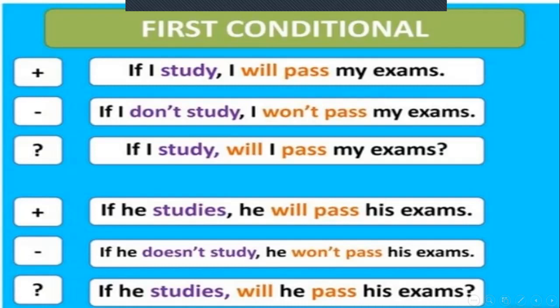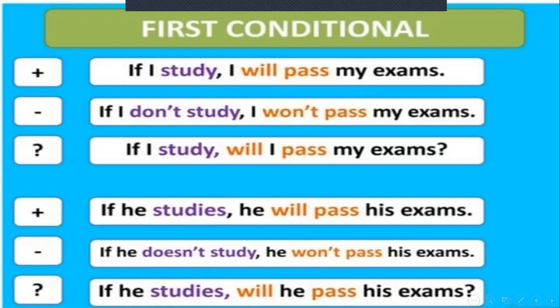Here, the question mark means how can I make a question with the first conditional? If I study, will I pass my exams? Look here at this positive sentence. If I study, I will pass my exams.